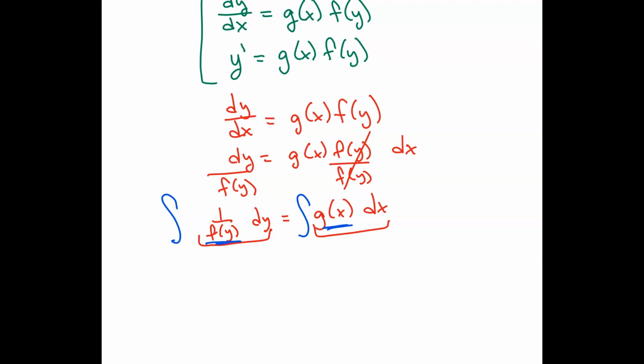Even if they're not integrable, you can maybe use something else. Then after that, just solve for y, because once I have this, you'll have some sort of y, and you can solve for it on the other side. So that's basically the basics of separation of variables. In the next video, we're going to do some examples of how we use separation of variables and how we solve for them.